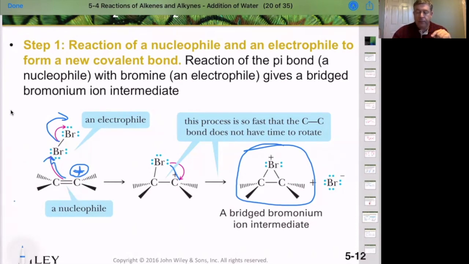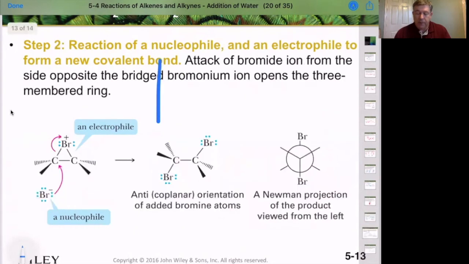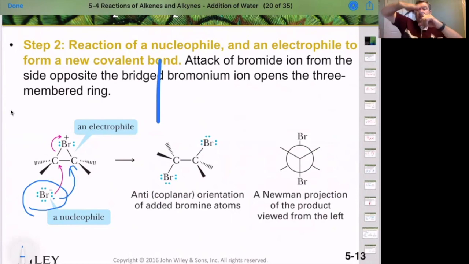So if that forms, and we have this positively charged carbon-bromine compound, what has to happen next? The next thing that has to happen is our new nucleophile, our thing that's looking for positive charges or things to share its electrons with, has to come in from the bottom of the species. The other bromine is occupying the top. All of our carbons are trigonal planar, and so the bromine has to come from the other side of that.